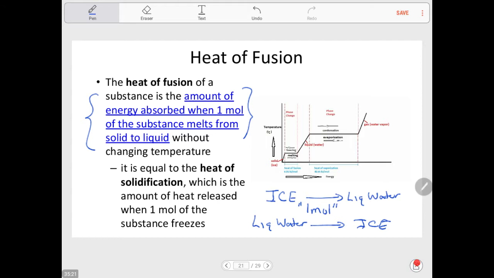If you have water heating up, or ice, it has to change states to liquid water. The point is, there's this heat of fusion. Whenever you want that change between ice to liquid or liquid to ice, it's the same amount of energy. So heat of fusion is this phase change right there.